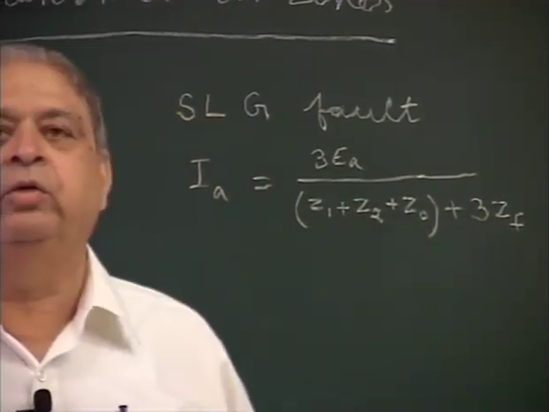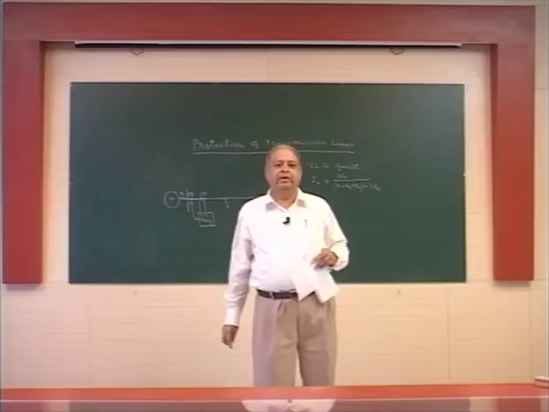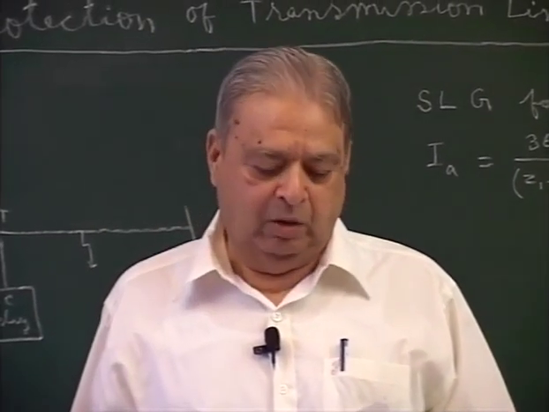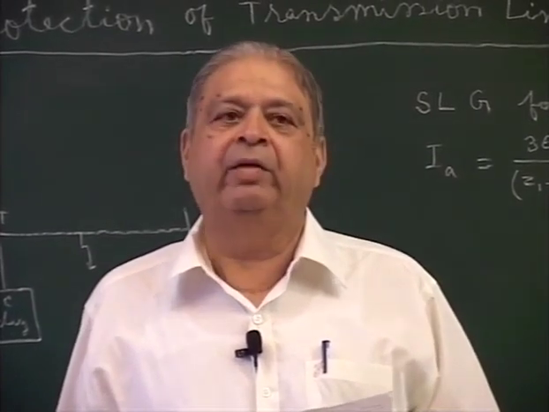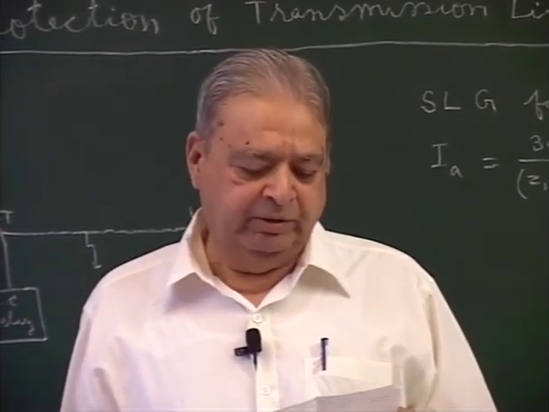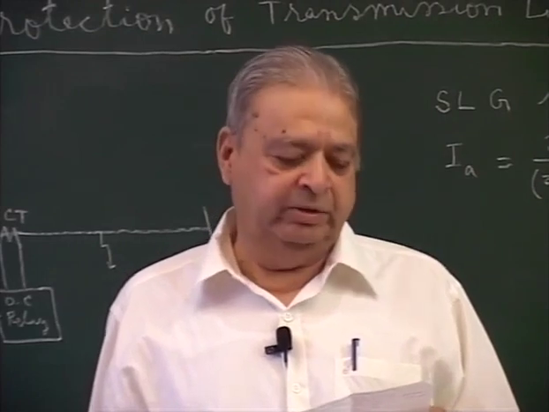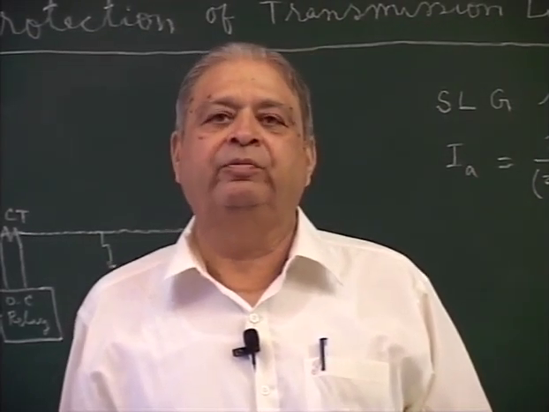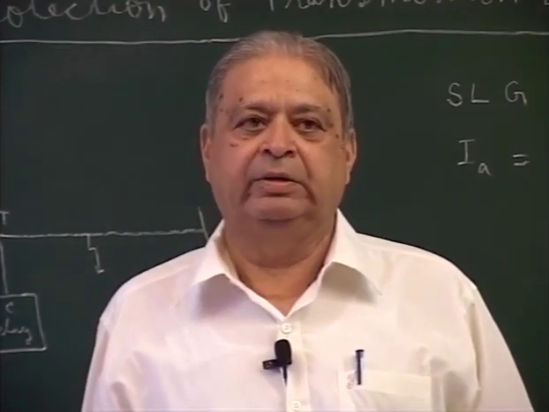So, for a single line to ground fault, the current IA is equal to 3 times voltage before fault EA of phase A, divided by positive sequence impedance plus negative sequence impedance plus zero sequence impedance plus 3 times the fault impedance.